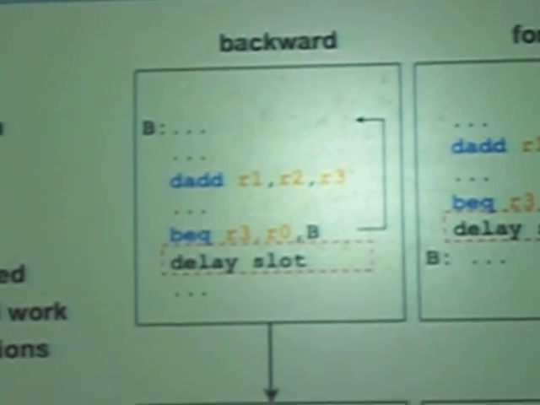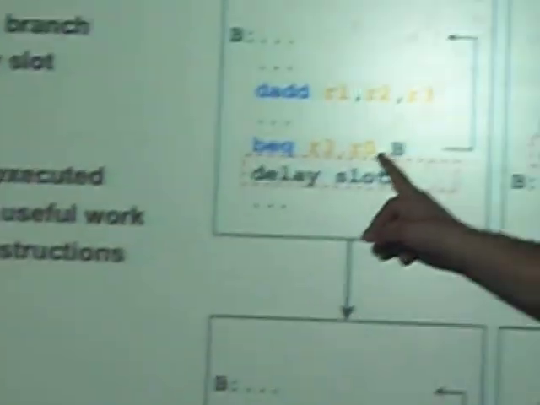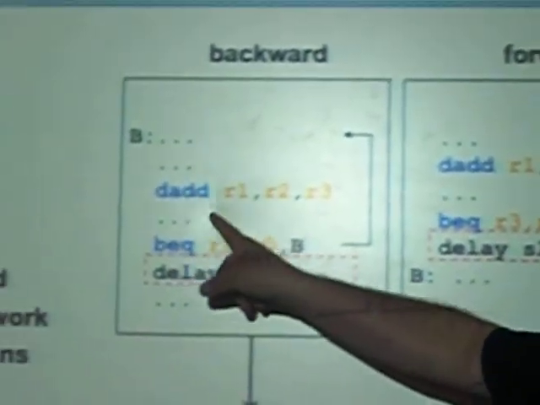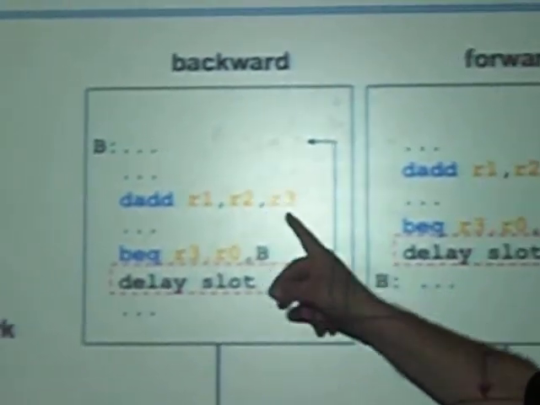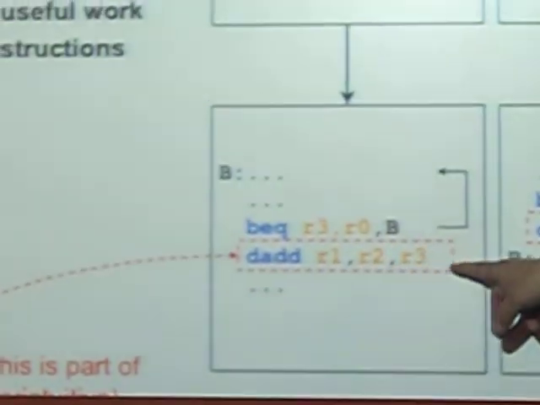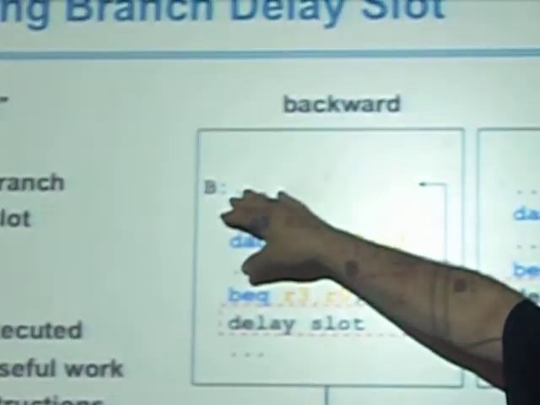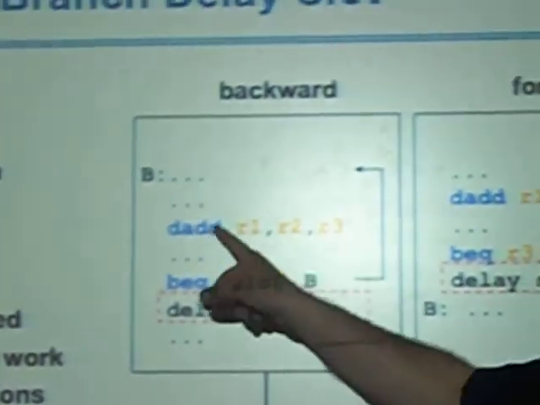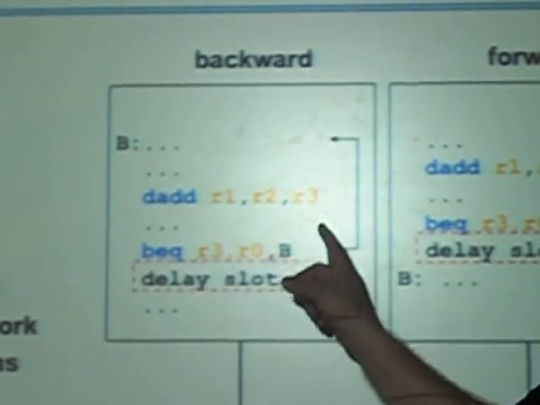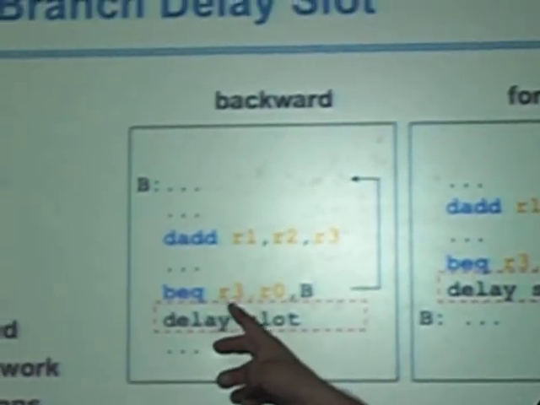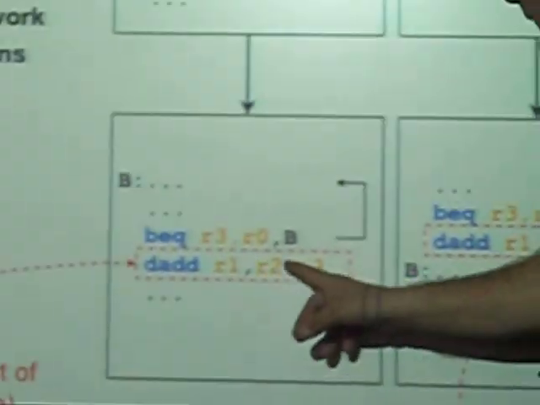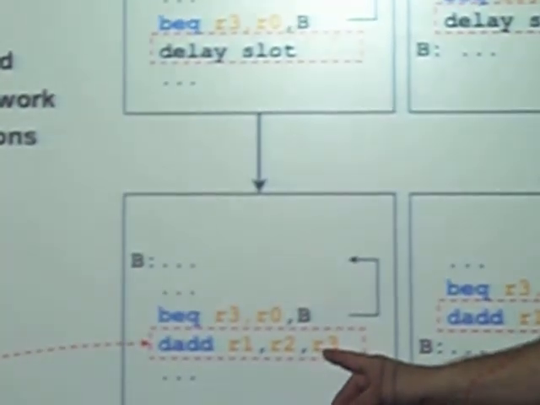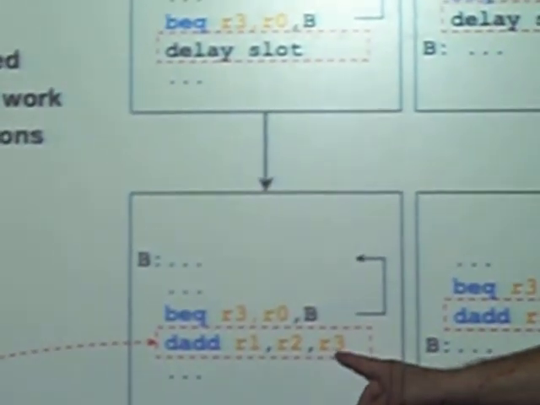Here's what I had. I take this DADD instruction that was from before, and I put it into the delay slot. Now look, normally how did the body of the loop execute? Instruction, instruction, instruction, DADD, instruction, instruction, BEQ, right? Now, this DADD appears to be outside of the loop, but it's not.